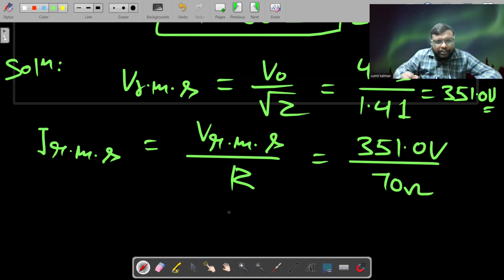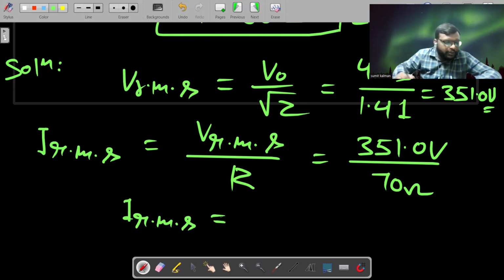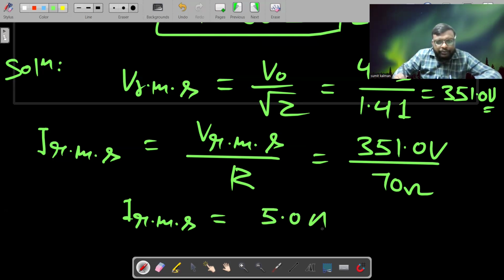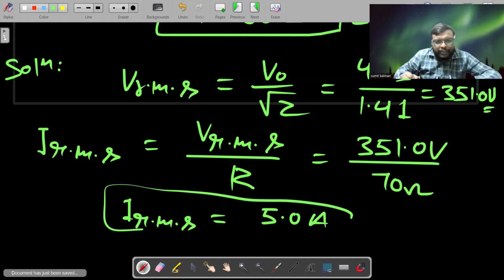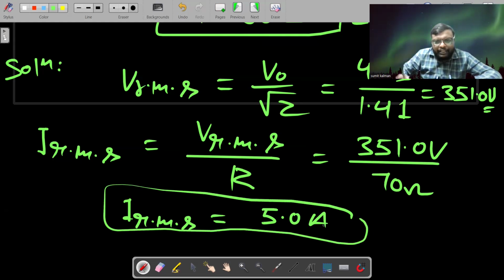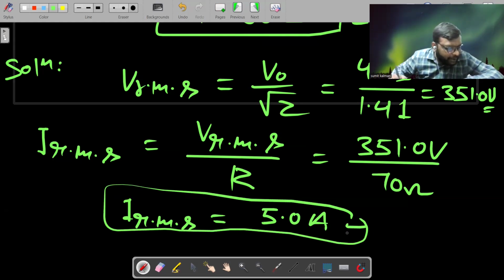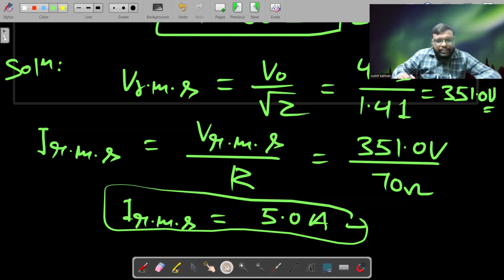So if you simplify this, the RMS value of current will come out to be 5.0 ampere. So we have calculated the RMS value of current, and it is coming out to be 5.0 ampere. Now we will see the next problem.